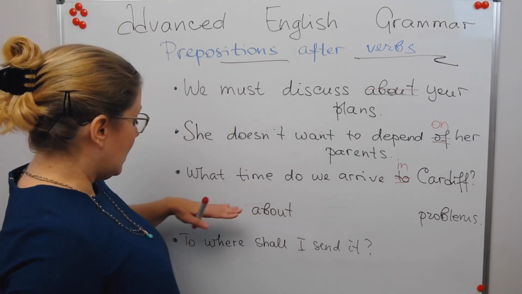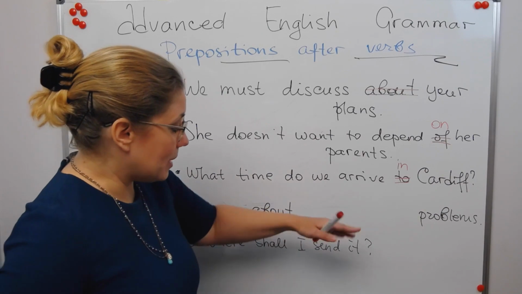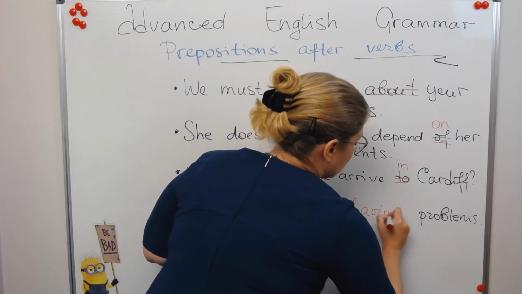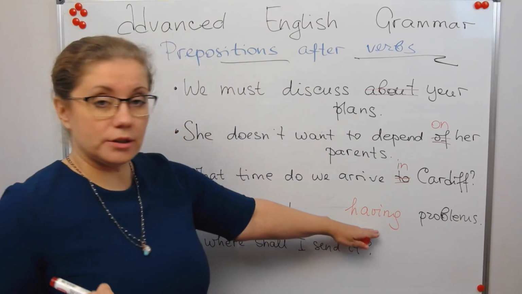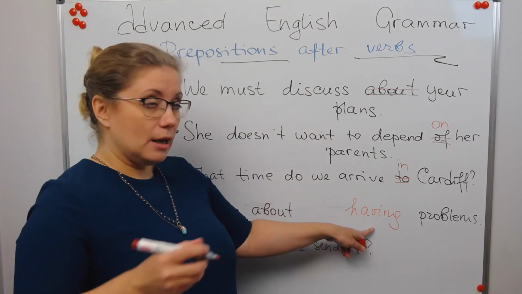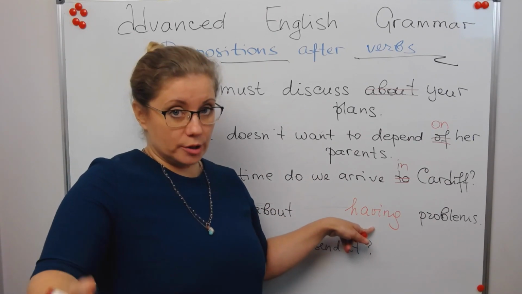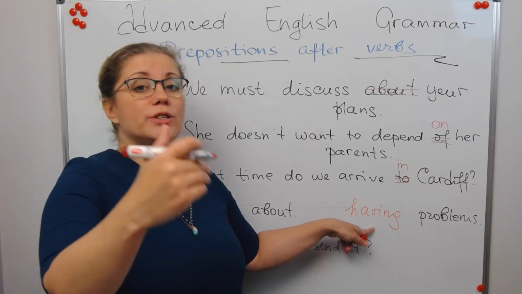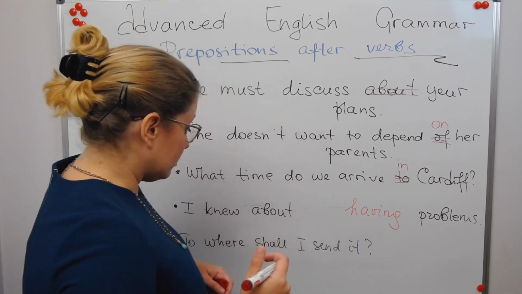follow the link. Here, I knew about, we have the verb have, I'm putting it into a gerund form, about having, but I have lost this person, because it's not me who was having problems, it was him who was having problems.